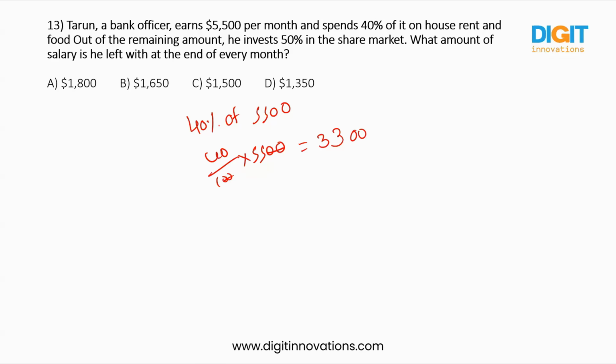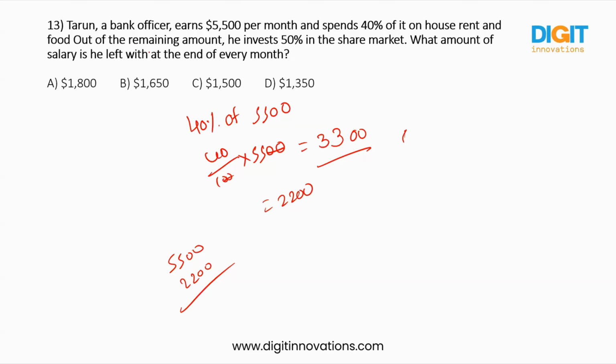When I remove 2,200 from 5,500, you get the final value as 3,300. This is the remaining amount.